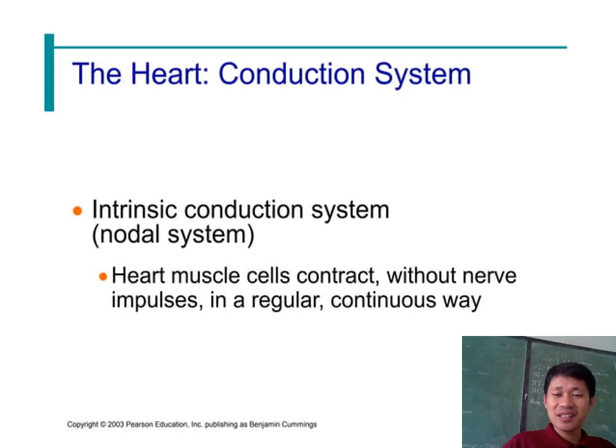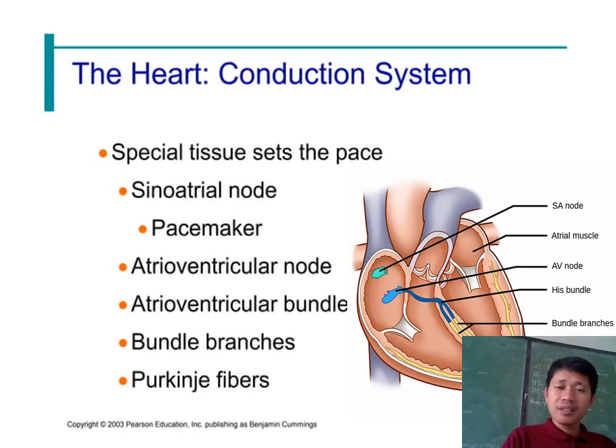Let's see. Here's the built-in nervous system, or the conduction system of the heart. It has special tissues that set the pace. The key player here, class, is the SA node, or sinoatrial node.